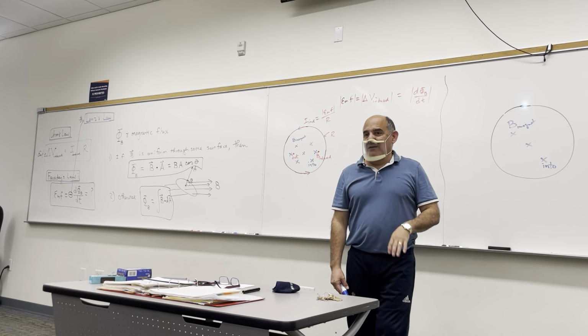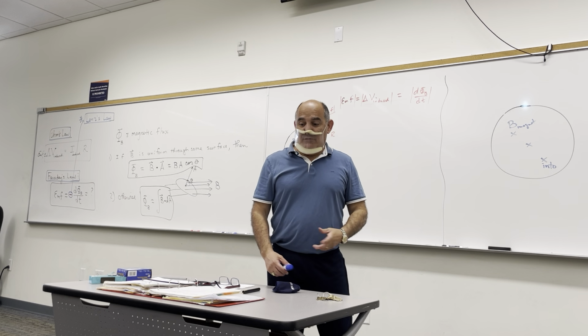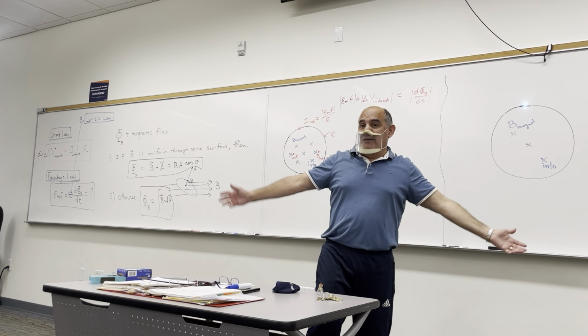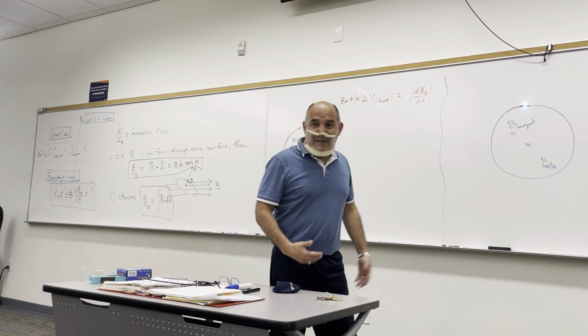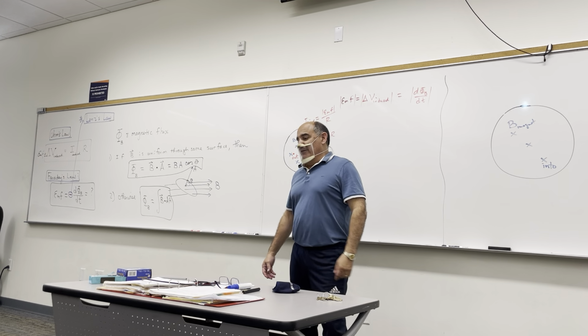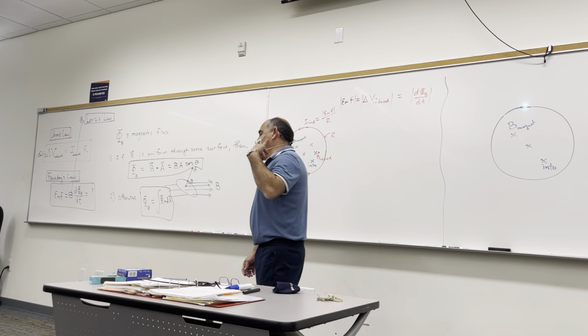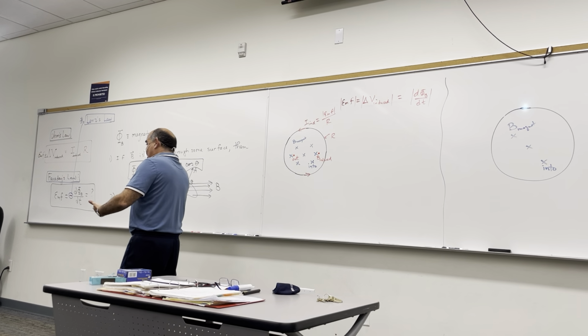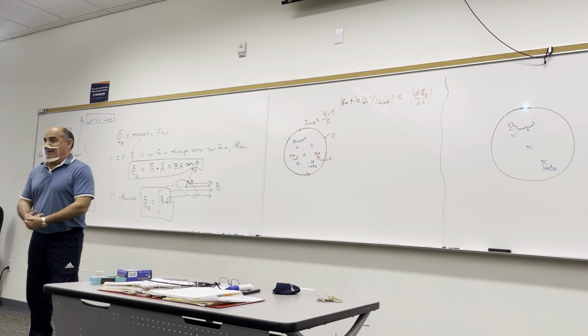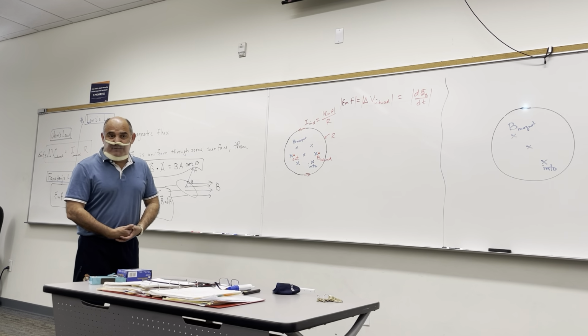It went from 5 to 4 to 3, and then the ring says, wait a minute, you're changing my flux, I'm unhappy. So the ring says, I have to do something to keep the flux at what it was when I was happy. I want to keep it at 5.